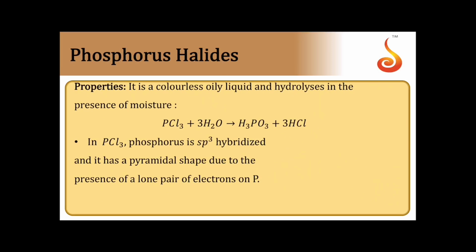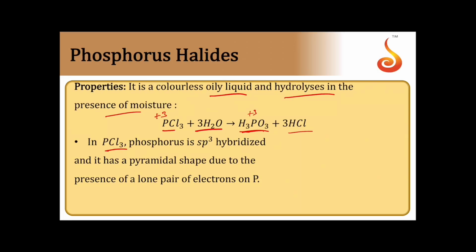Coming to the properties now. It is a colorless oily liquid and hydrolyzes in the presence of moisture. PCl3 plus water gives H3PO3, phosphorous acid, and the byproduct is HCl. During hydrolysis the oxidation state does not change; it is +3 before and remains +3 after.